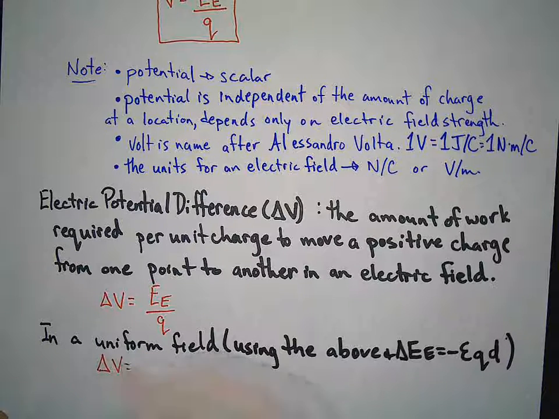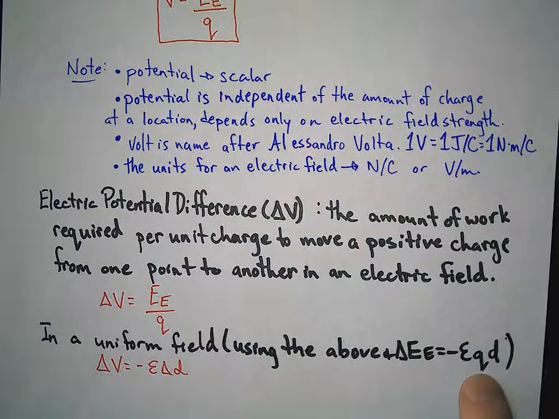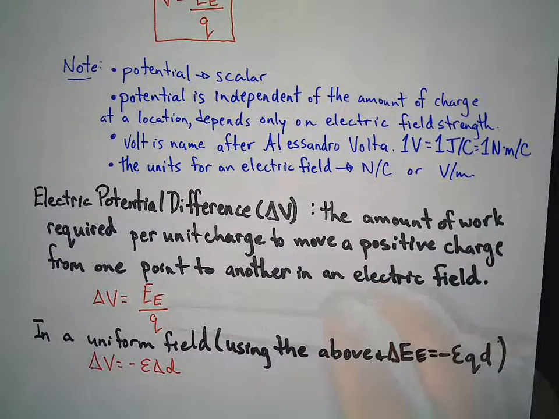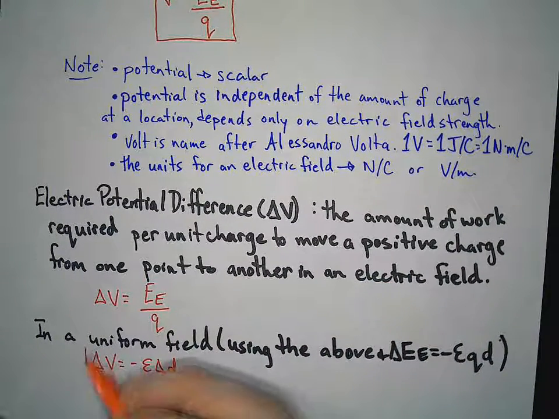Delta V is equal to negative epsilon delta D. You might ask, where did our Q value go? You'll notice that Q will be on the numerator and the denominator when we substitute, so they simply cancel out.